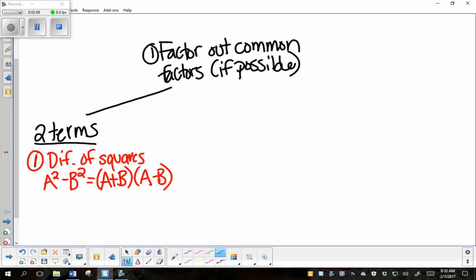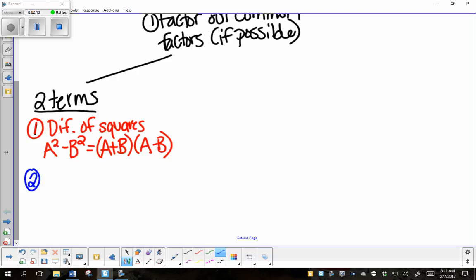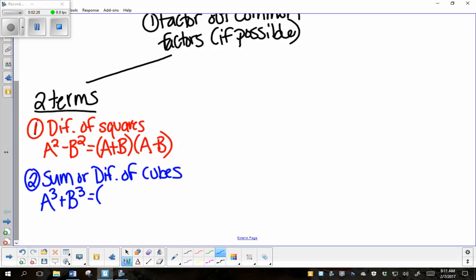The second thing that it might be, if it's a two-term polynomial, is a sum or difference of cubes. That was what our last note section was on. A sum of cubes looks like this, a cubed plus b cubed, and we factor that into a plus b times a squared minus ab plus b squared.